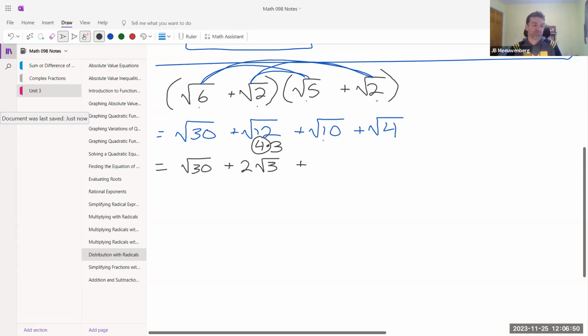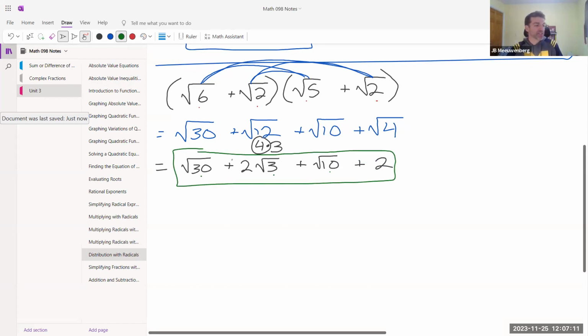Plus, 10 has no way to simplify it, so we leave it as radical 10. And then the square root of 4 is 2. So we can simplify that just as 2. Now, again, none of these radicands are the same. So this is actually as much as we can do to simplify that expression.